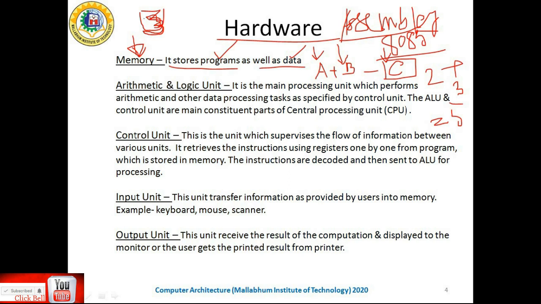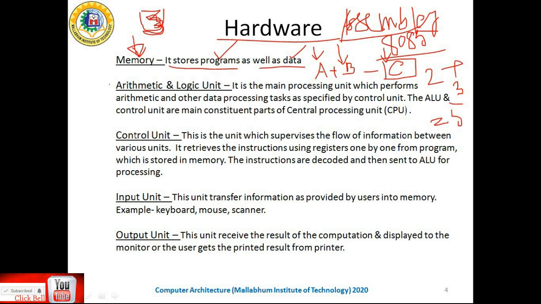Okay. Next is the arithmetic and logic unit. The arithmetic and logic unit is actually the main processing unit which performs the arithmetic tasks as well as other data processing tasks specified by the control unit. That means the logical tasks. The ALU and the control unit are the main constituent parts of the central processing unit.